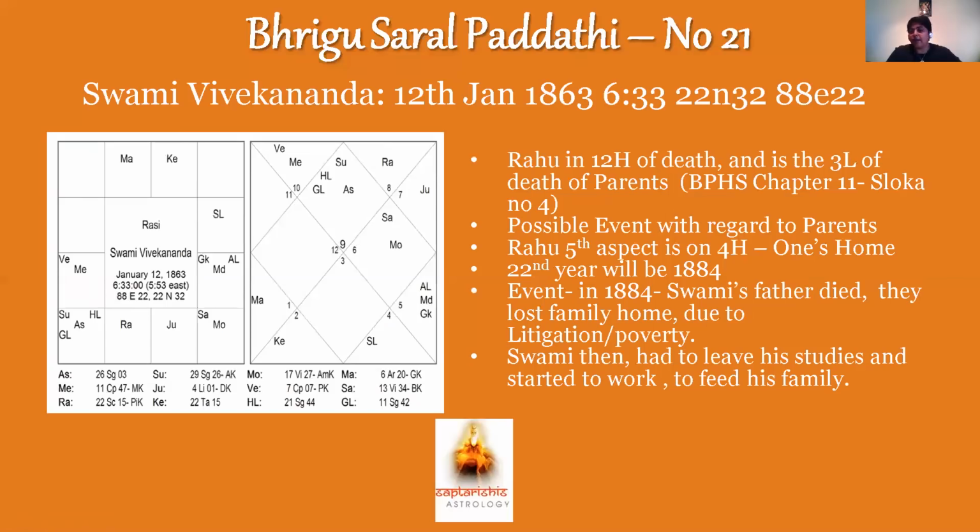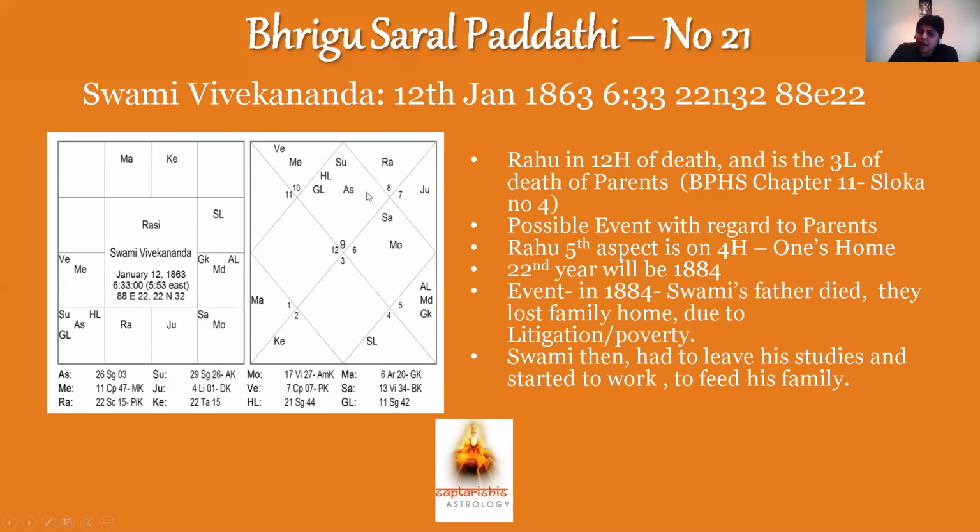So let us see what had happened. In the 22nd year, 1884, Swami's father died, and they lost the family home due to litigation, and they were in deep poverty. Hence, Swami had to leave his studies, that is, his education got affected, and start to work to feed his family.